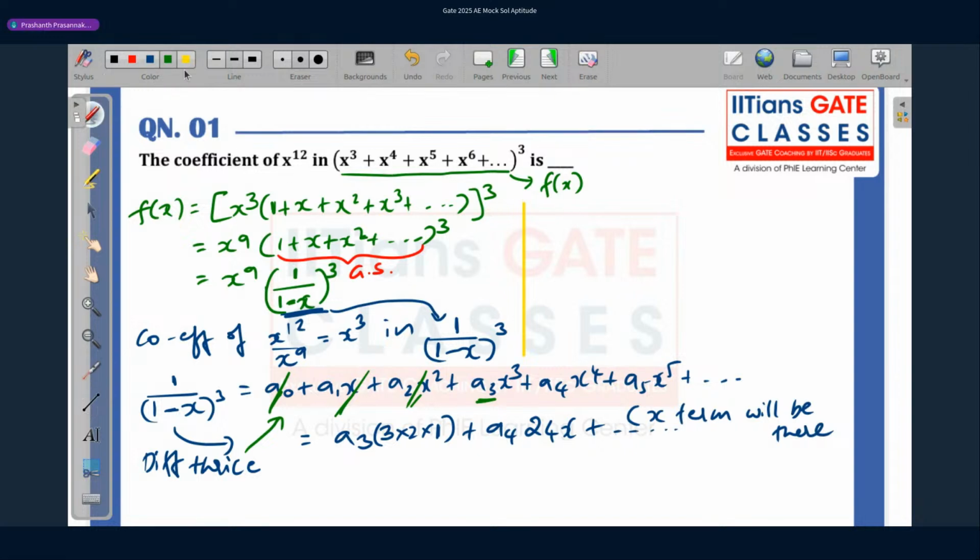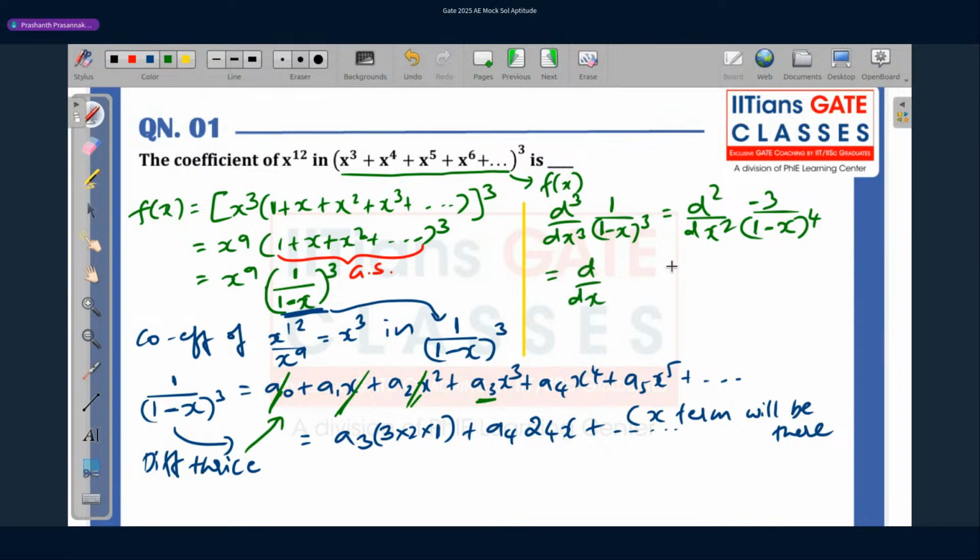So what do I want? d cubed by dx cube of 1 over 1 minus x the whole cube. Let me differentiate it step by step. After taking the first derivative, what will remain is minus 3 by 1 minus x to the power 4.